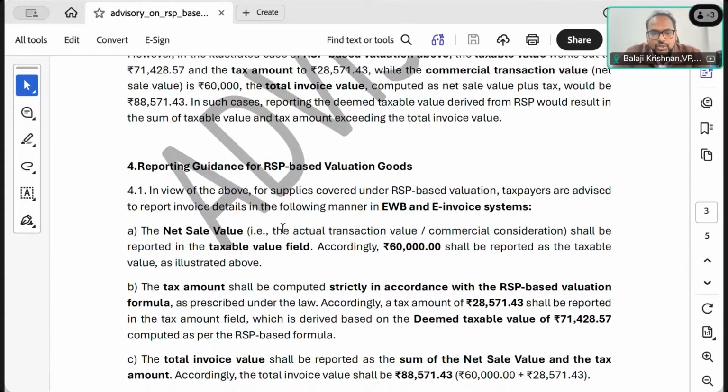The tax amount should be computed strictly in accordance with the RSP based formula as prescribed under the law. Even though the taxable value field shows the net sale value, the tax amount should be computed on the RSP based formula only. Then the total invoice value should be reported as the sum of the net sale value and the tax amount.